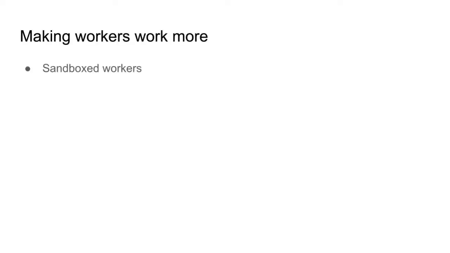So another strategy that we can use to make workers work more is to have sandboxed workers. What's that? Sandboxed workers can use worker threads or child processes. Each thread will have a V8 instance in it. That means it will run its own JavaScript. And it takes a certain amount of memory, but not as much as if we would spawn a process that will have a full Node process in it with all its 12 threads.